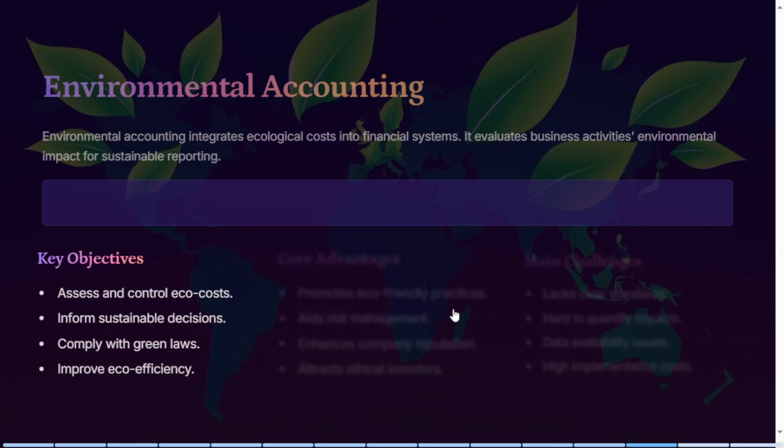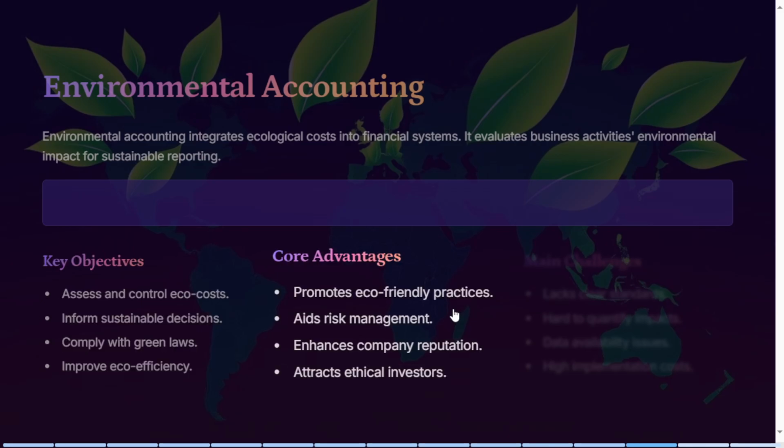Core advantages: why companies adopt it. Very first, promotes eco-friendly practices. When you measure environmental costs, you naturally start looking for ways to reduce them. Aids risk management: helps identify and manage environmental risks before they become serious problems or legal issues.